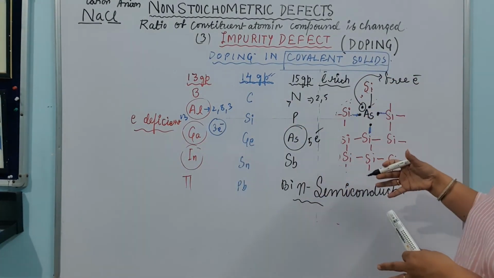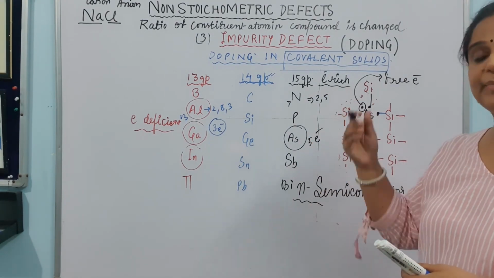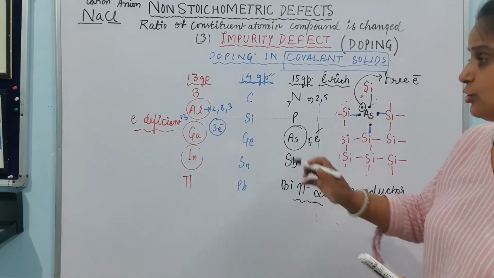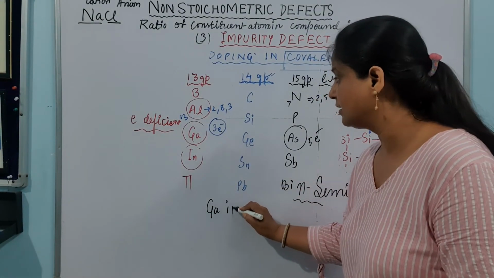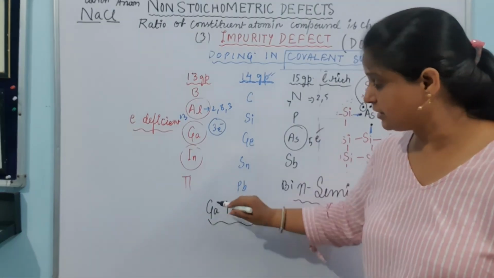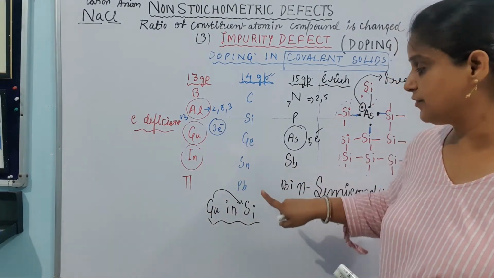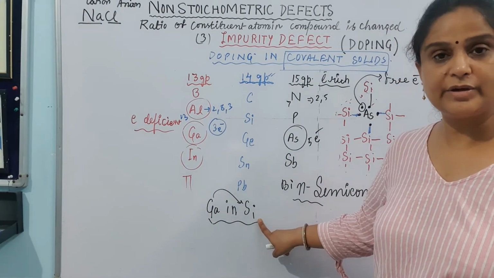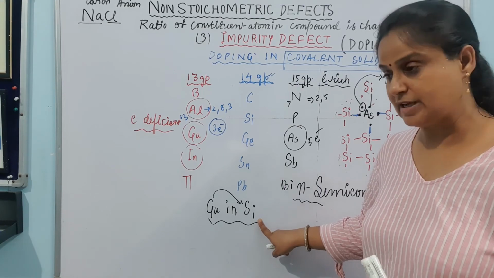If I ask you to give the example of these kind of, कि भाई P type semiconductor का example बताइए. तो P type में you must know कि if I am doping gallium in silicon, I will get what? P type. क्यों? क्योंकि 13 in the silicon, in the 14. तो deficient को if you are doping with the 14, okay, 13th को if you are doping in the 14, that will give you the p-type semiconductor.